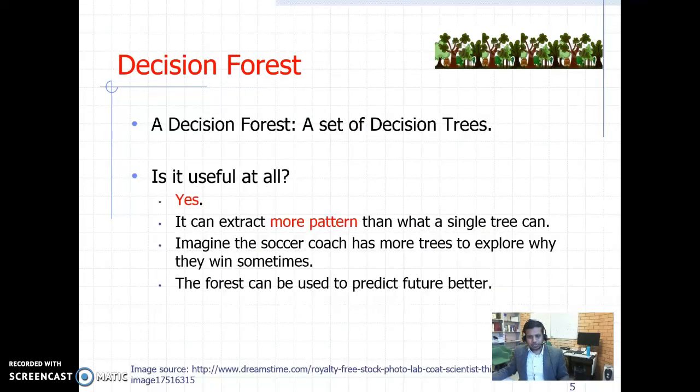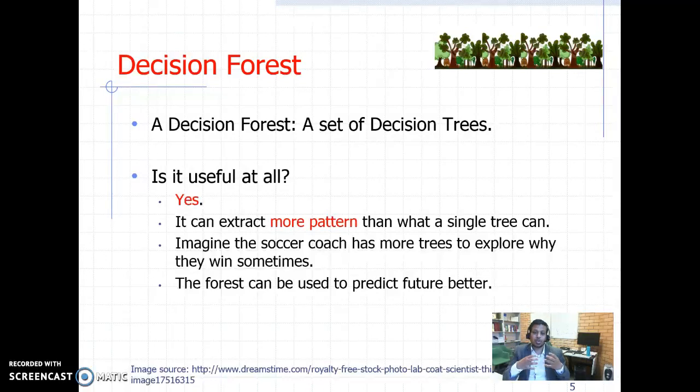Now what is a decision forest? A decision forest is, instead of just building one decision tree, if you build a number of decision trees from the same dataset. So if you build a series of decision trees, an ensemble of decision trees, then together that is known as a forest. And the advantage of a forest is, if you build your forest carefully, it can actually discover or extract more knowledge than just a single tree.